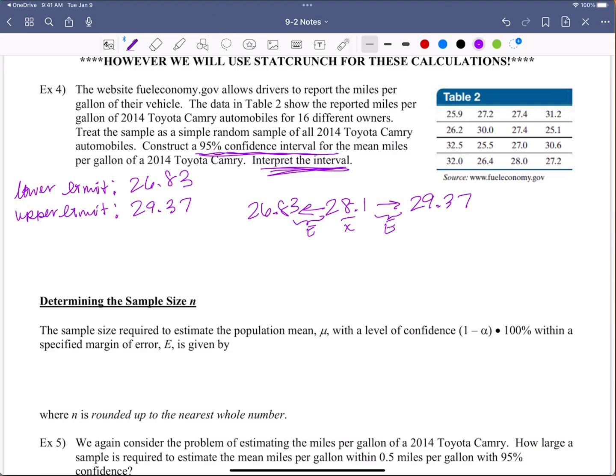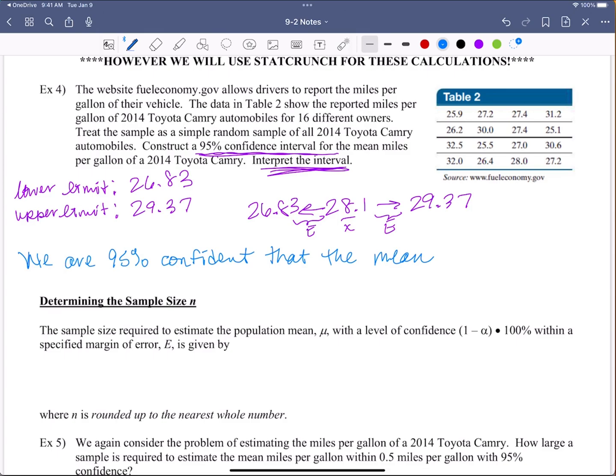So if we interpret this, we are going to say we are 95% confident. See, we're writing this out exactly the same. I told you it was going to look the same. We are 95% confident, except we're going to say that the mean, instead of proportion here, right?